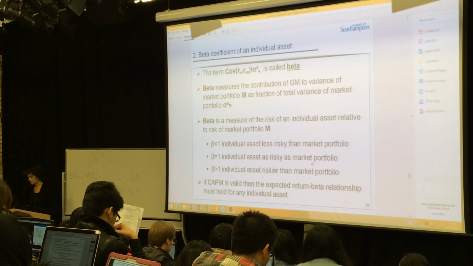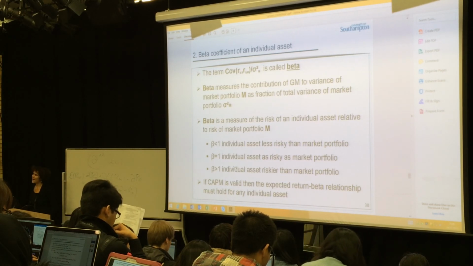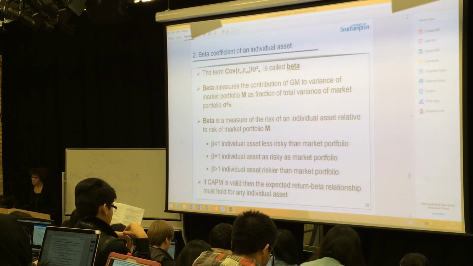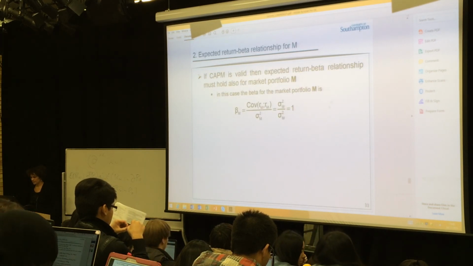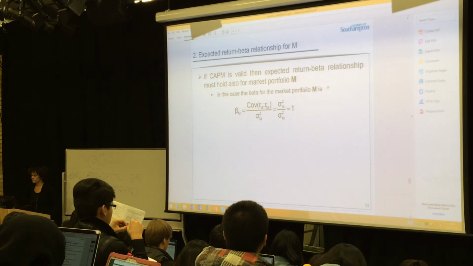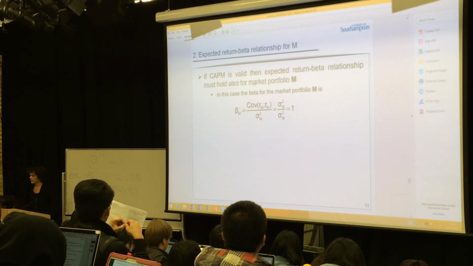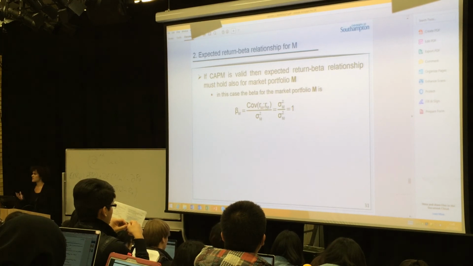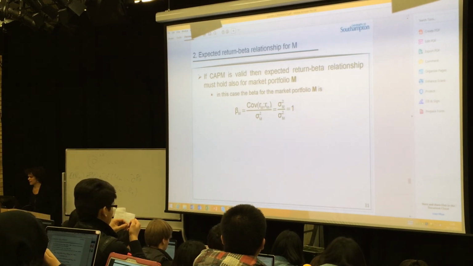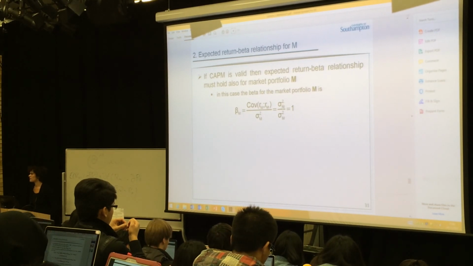Equal to 1, same risk as the market portfolio. Higher than 1, individual asset riskier than the market portfolio. Of course, it also holds for the market portfolio. In this case, the beta of the market portfolio against itself: the covariance of the market with the market is just the variance of the market.